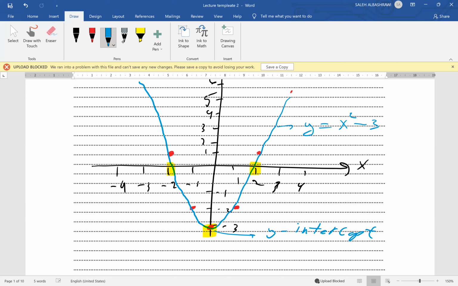And these 2 points, in a different color, are called the X-intercept. And the intersection with the y will give me the y-intercept.